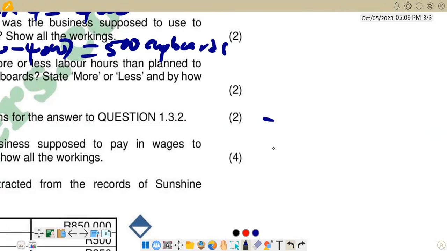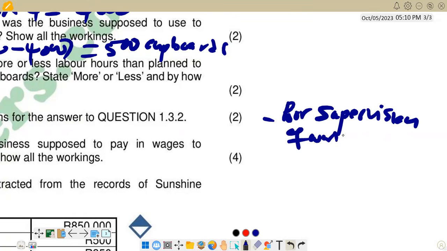So the reason that we are going to raise there is that maybe there was poor supervision, in terms of the supervisors not fully supervising their workers, so that we don't have delays, etc. So one of the reasons we can say is poor supervision of workers.